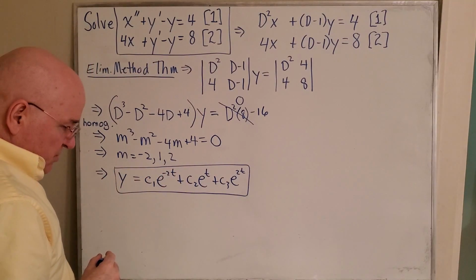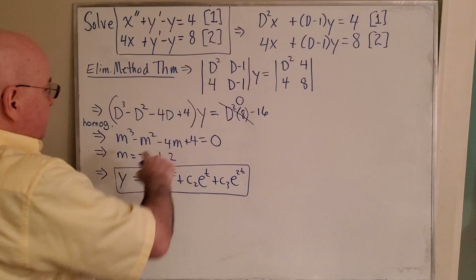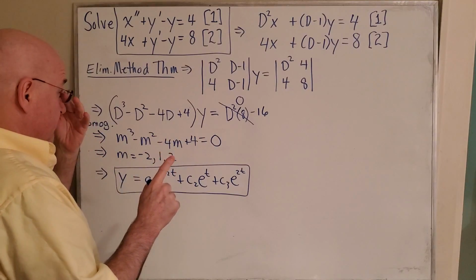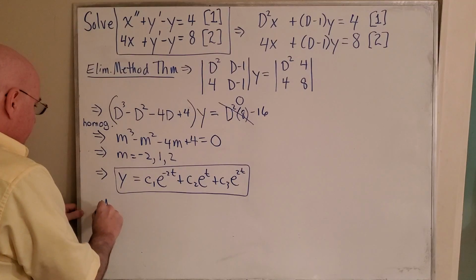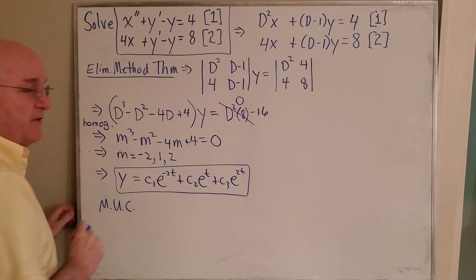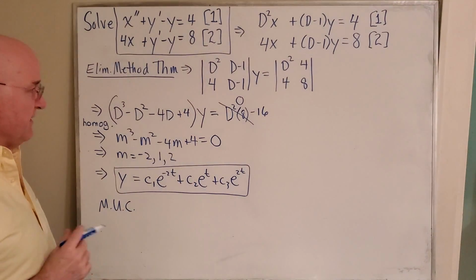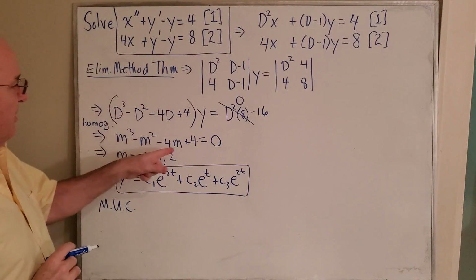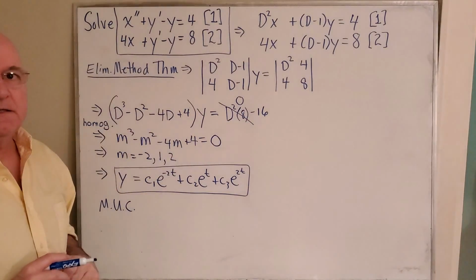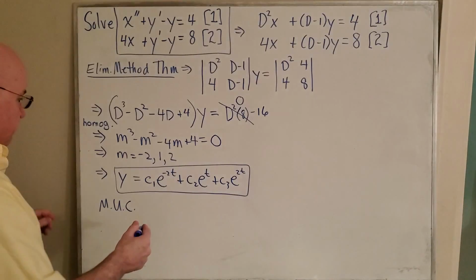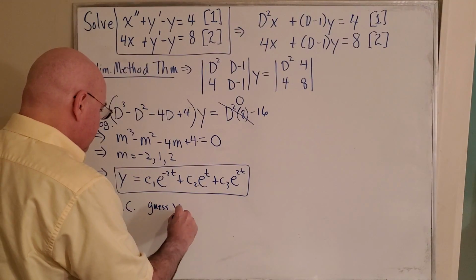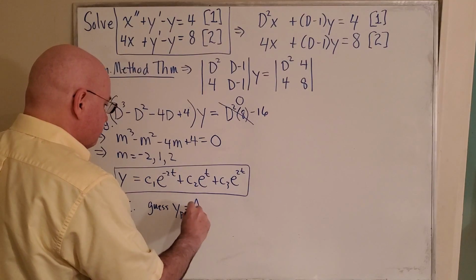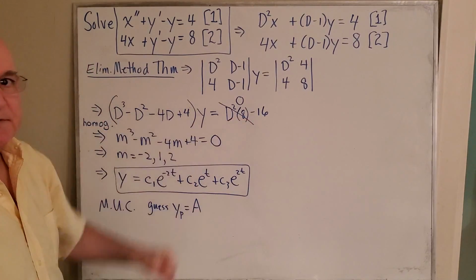And I think what I'm going to do is, let's go ahead and completely solve this. So using the method of undetermined coefficients to get a particular solution, all of this equal to negative 16 means we would just guess that a particular solution is capital A, since it's a constant.